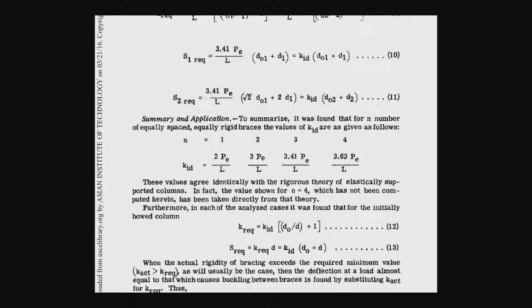So you can see that with one bracing point at the middle, your ideal brace stiffness turns out to be 2 times PE over L, and then when you break into 3 parts, it turns out to be 3 times. N equals 3, you have 4 equal unbraced lengths, it turns out to be 3.4, and 5 parts, you get 3.63. All the derivations are given in here.